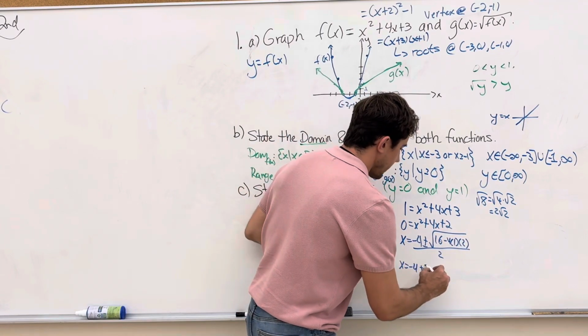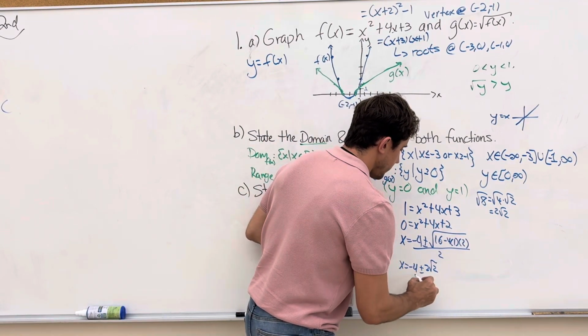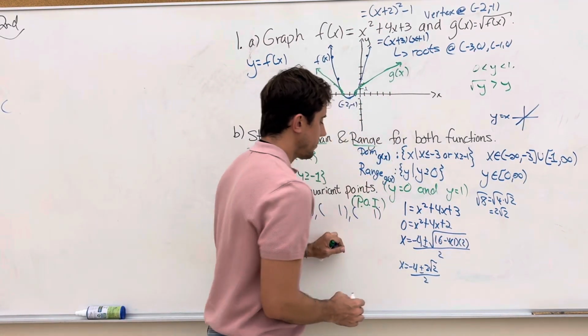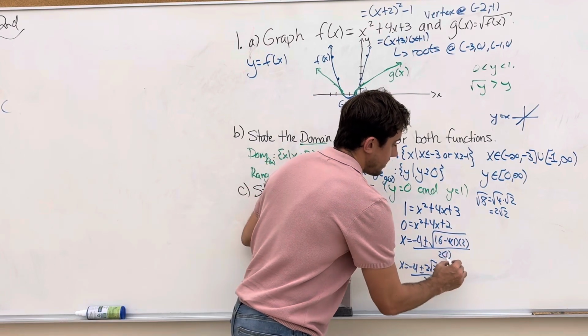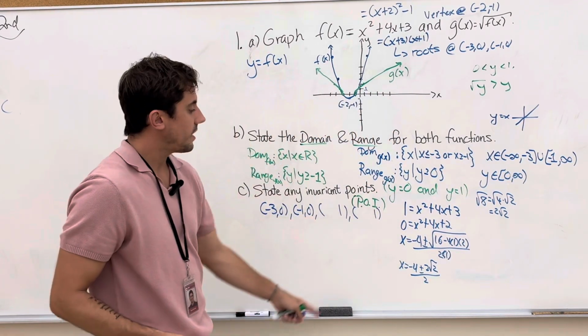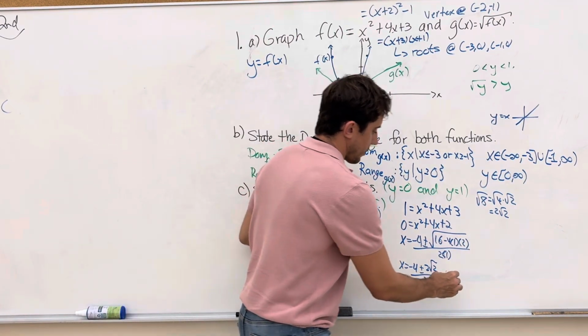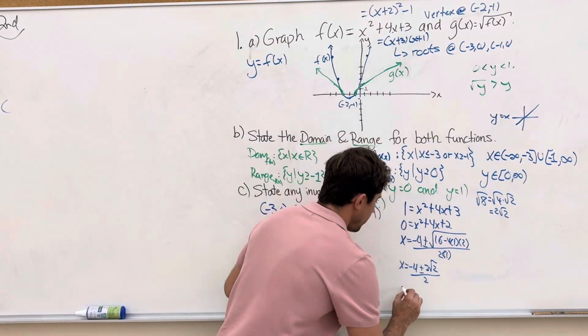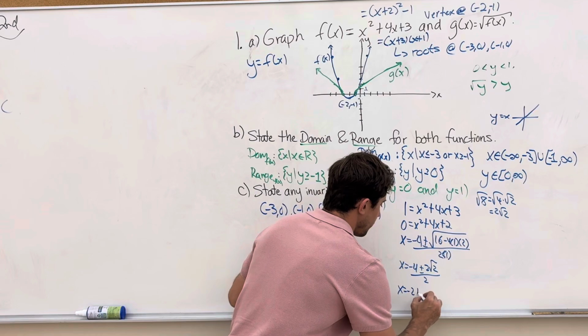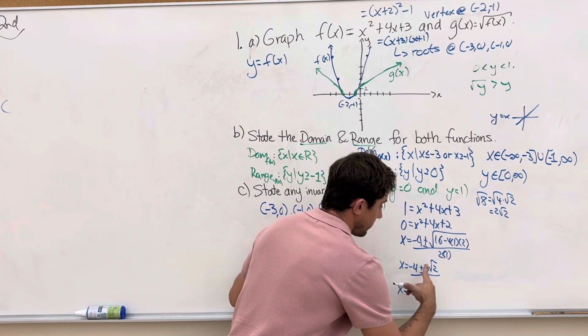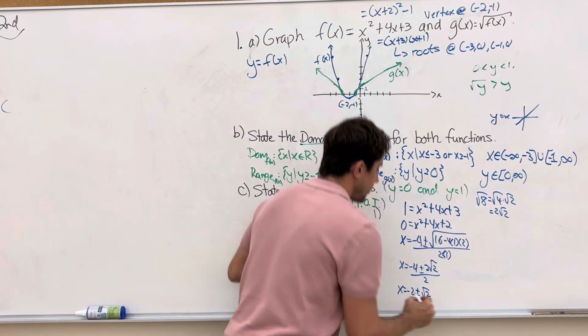Square root of 8 is, again, 2 root 2. And this is all over 2, right? 2 times a, but a is 1. And now dividing both terms in the numerator by 2, we get our 2 x values: x is -2 plus or minus root 2.